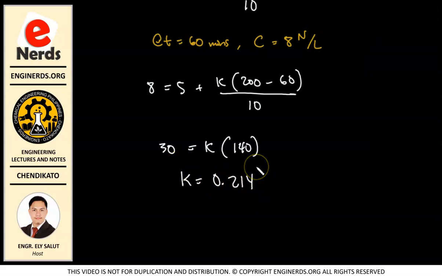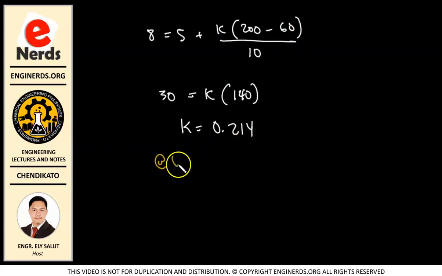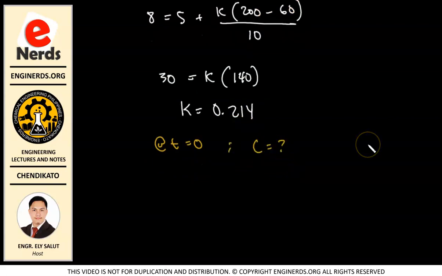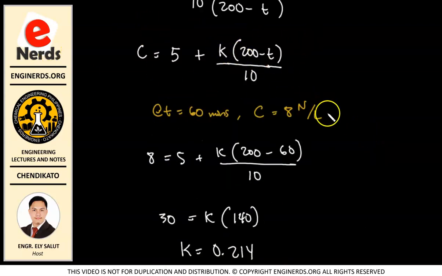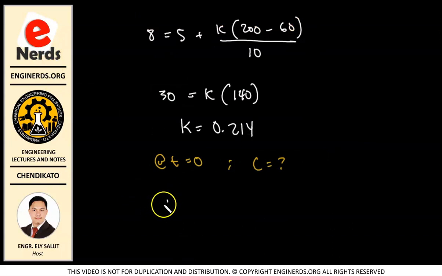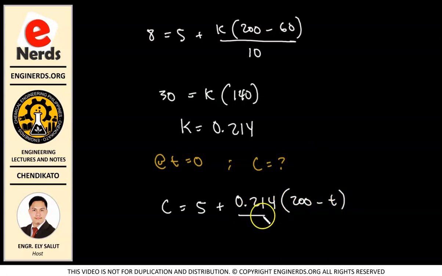Alright, so what we are asked to find is the concentration C at time is equal to 0, right? So we need to find, at time is equal to 0, what is the concentration? Okay, so again, we now know the value of K. So we will just use this equation, but now we know K. So we have C is equal to 5 plus our K, which is 0.214, times 200 minus time, over 10.